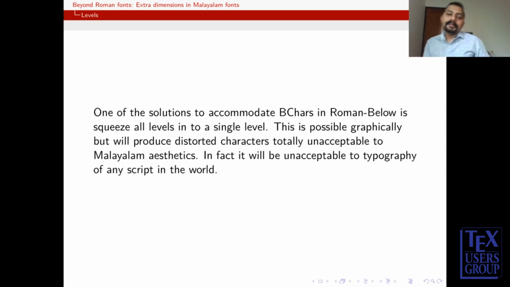And one solution is indeed to squeeze these below base characters into a single level. But then that distorts the shape of the character, which is aesthetically and functionally not acceptable.